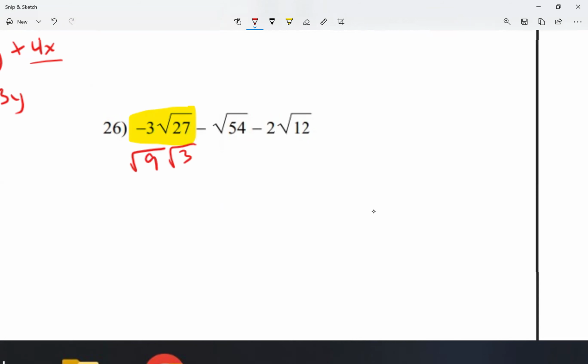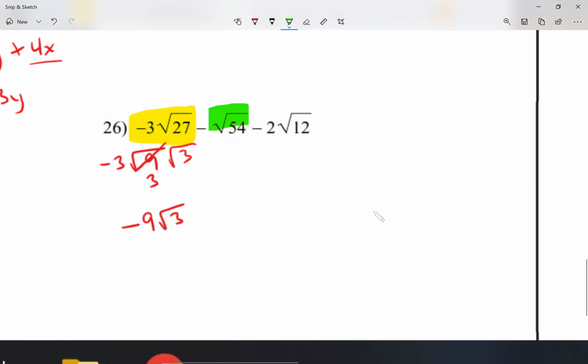Because I can simplify, let me not forget my negative 3 at the front. I know the square root of 9 is 3, so this combines to negative 9 radical 3. Remember, my negative 9, because I multiply my numbers outside, negative 3 times 3, did nothing to my radical. My radical is already simplified, so I'm just going to leave it at that.